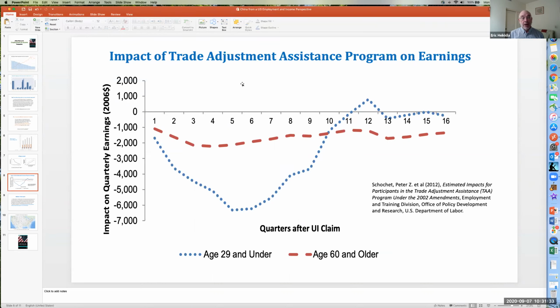And the comparison shows that the training does not pay off in a fairly straightforward sense of an investment. There's this loss of income while workers receive training, rather than going out into the workforce, because they're busy receiving the training.